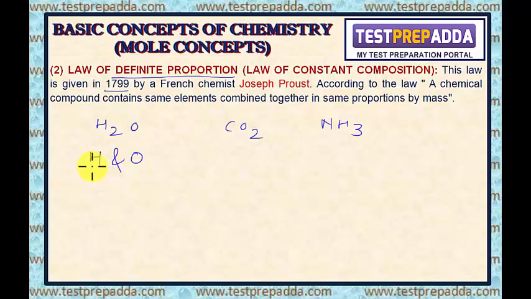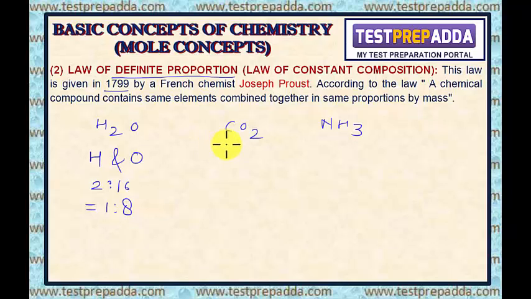And the mass ratio will always be 2 is to 16, means 1 is to 8. So once H2O or water is formed, the hydrogen and oxygen will combine in 1:8 by mass.